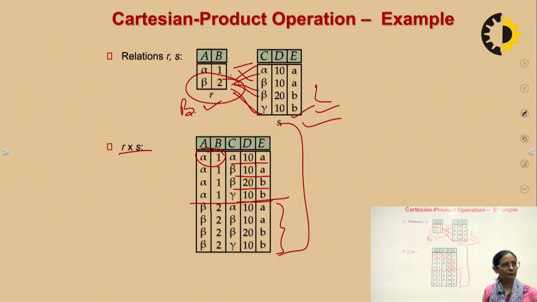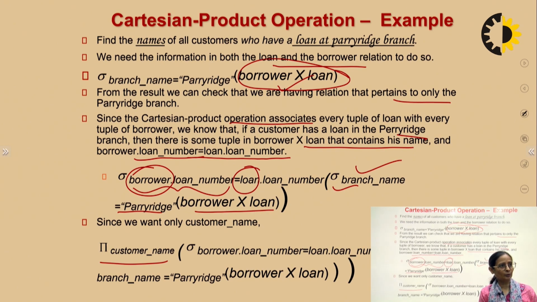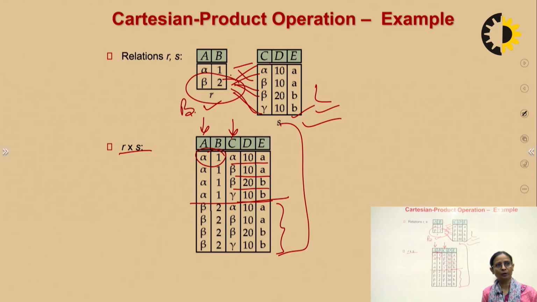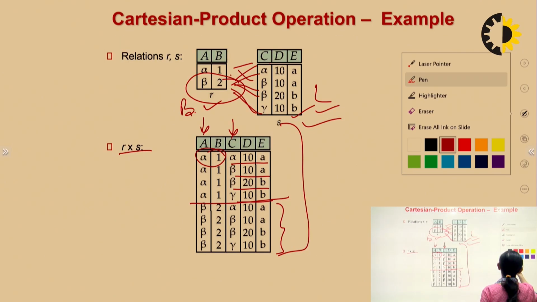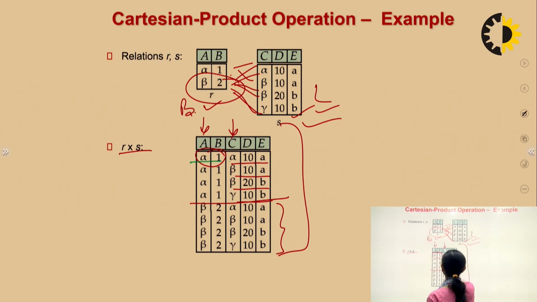But here what I am doing, for example, this is the primary key of this and this is the primary key of this. So once I run borrower.loan number equals loan.loan number, I will get this reference. Here I will get this reference.